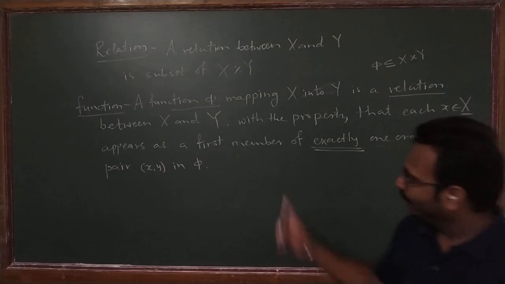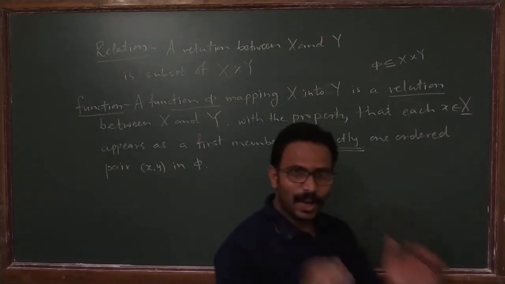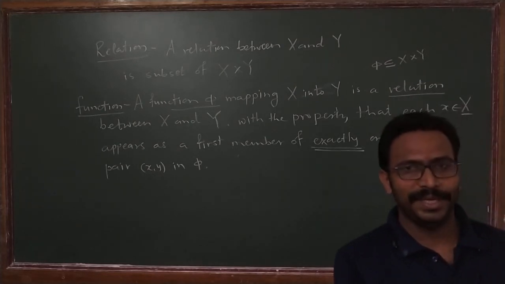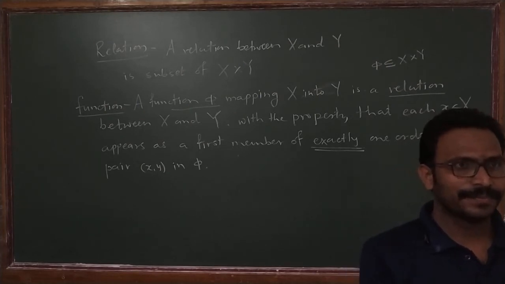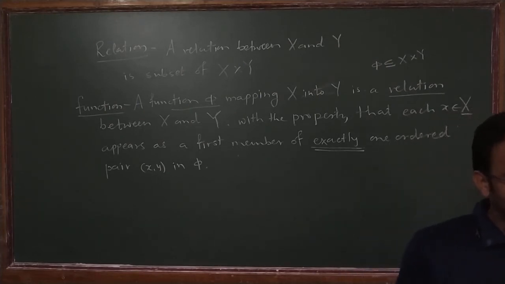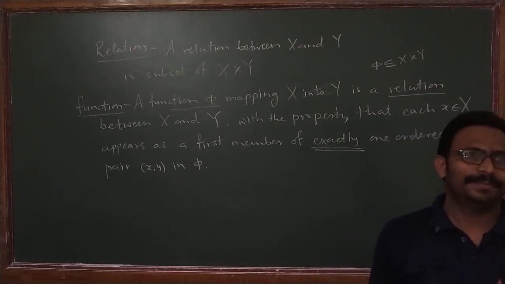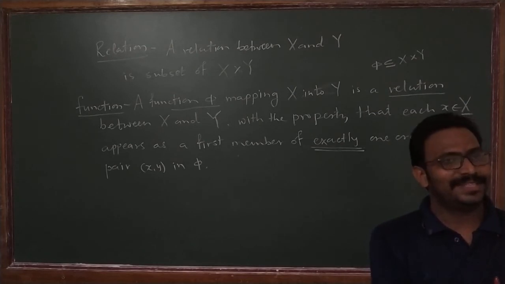So we are making the ordered pairs with an element from the domain and an element from the codomain. What we want is a unique output for each element of X. The element x, when appearing as the first element of an ordered pair, such an ordered pair should be exactly one.